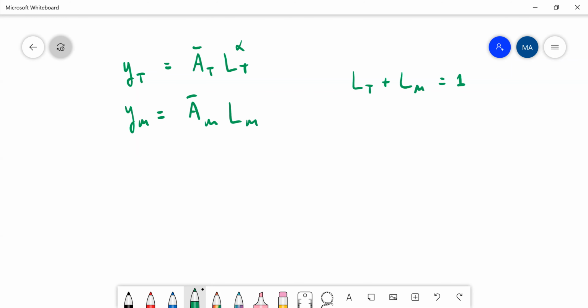So suppose that you put all your resources into traditional technology, right? So equilibrium 1 is L_T equals 1, L_M equals 0. So what's total production? Well, you have A bar T, right? That's total production.